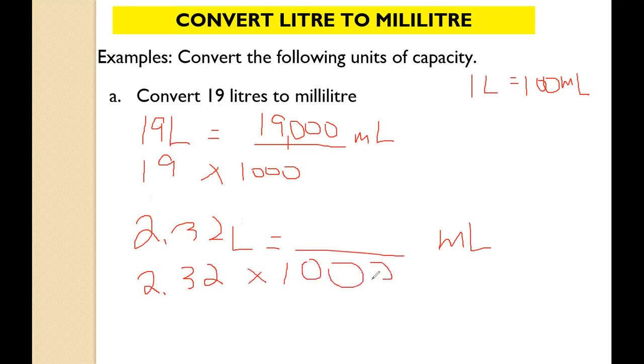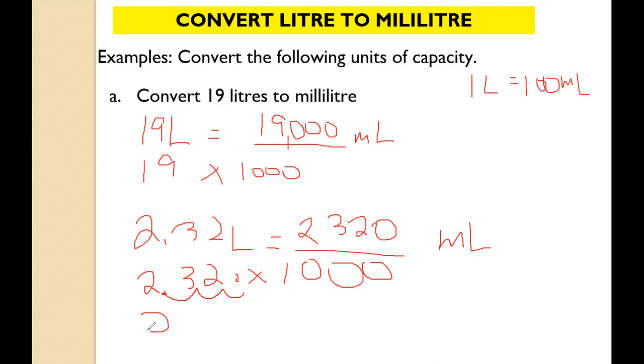Since we have a decimal, remember the rules of multiplying decimals: you move your decimal to the right 3 times. So we add a 0, and the answer is 2,320. This is how we multiply to convert liters to milliliters: multiply by 1,000.